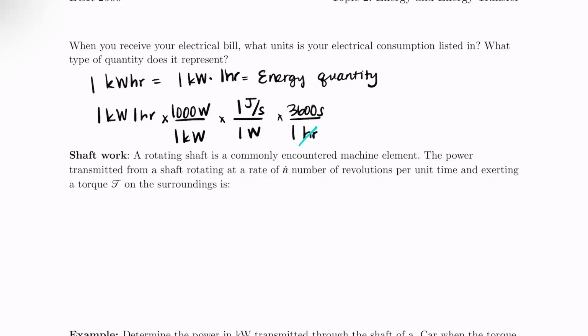So our hours cancel out. The kilowatts cancel out. The watts cancel out. And the seconds cancel out. And what we're left with is 3.6 times 10 to the 6th joules. So this is 3.6 megajoules. Feels like a lot more energy put that way, doesn't it?